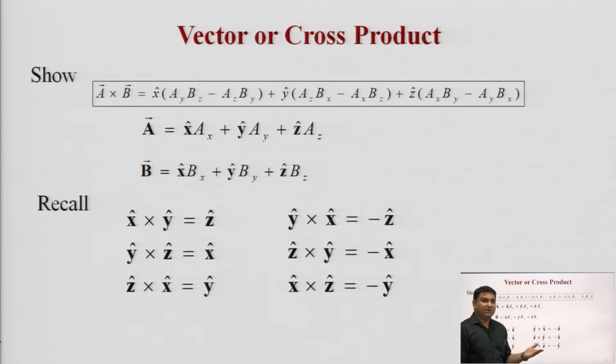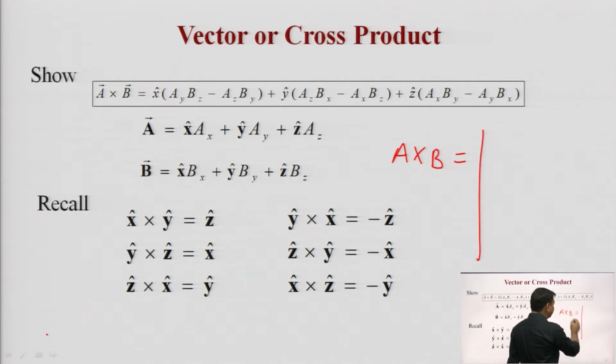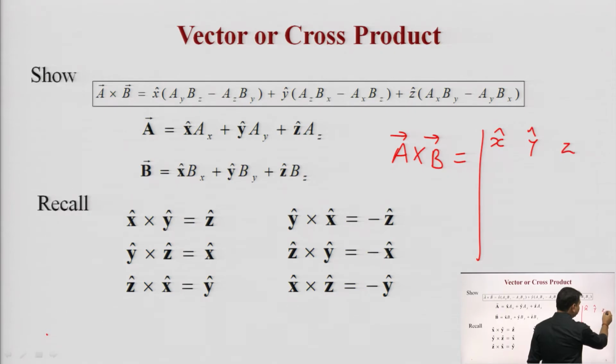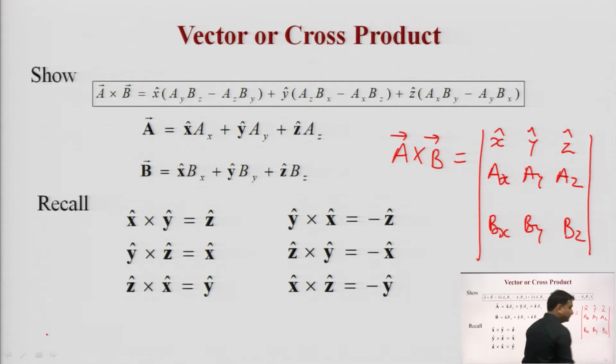To understand this complete mathematical notation, it is much easier to show it in the matrix form, and the matrix form shows that A cross B can be given as: this is x, this is y and this is z, and this is Ax, Ay, Az and Bx, By and Bz.